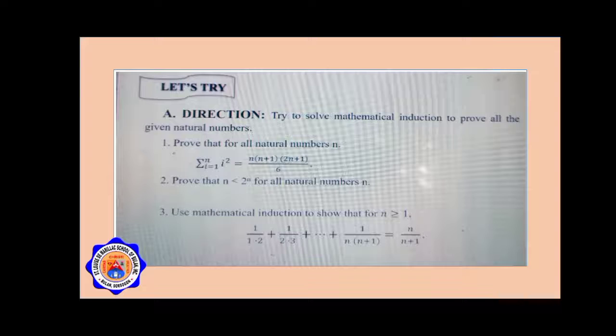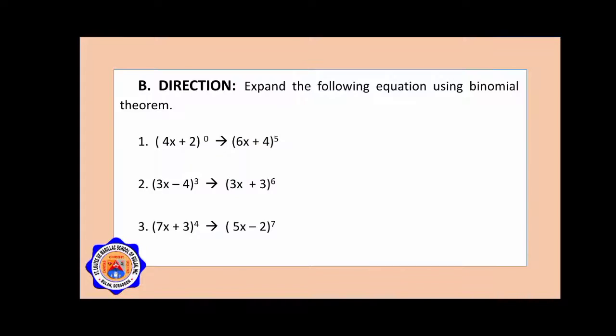Next is the activity. For activity A, try to solve mathematical induction to prove all the given natural numbers. So, i-prove mo na true ang statements 1, 2, and 3. Then, next is, for letter B, expand the following equations using the binomial theorem. So, this is 4x plus 2 raised to 0 to 6x plus 4 raised to 5.